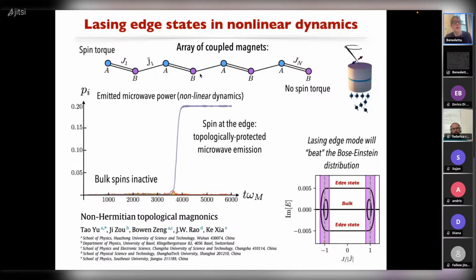It was not obvious a priori whether the presence of this topology requires fine-tuning and just survives at the linear level. What we found is that even when all the nonlinearities of the magnetization kick in, you still observe a very clear topological signature.